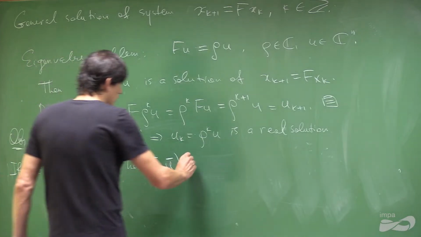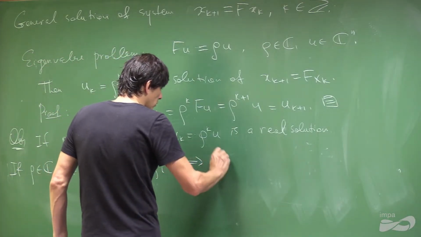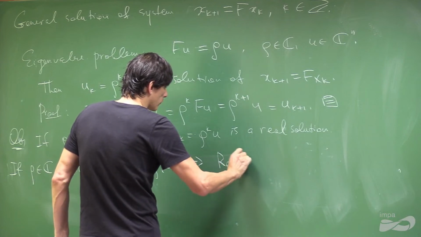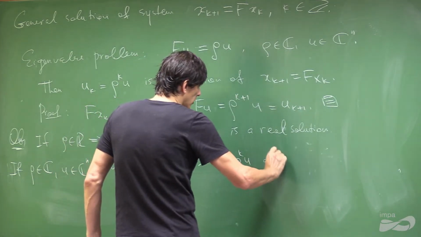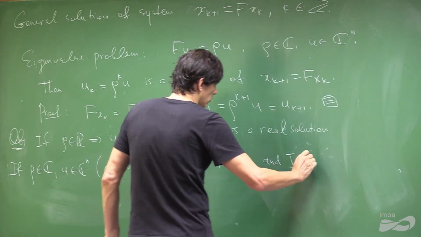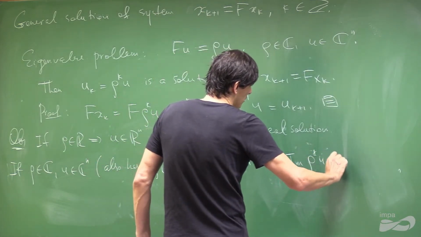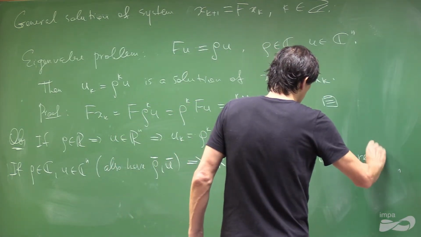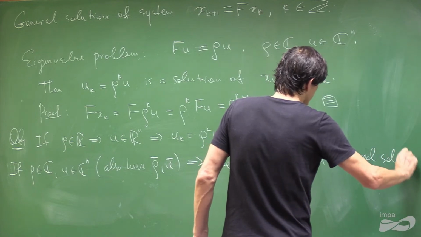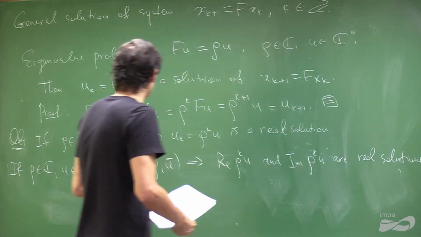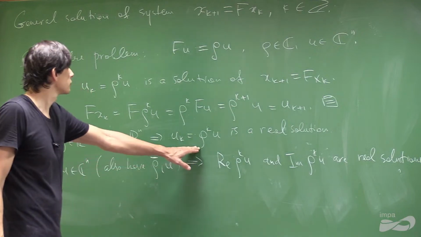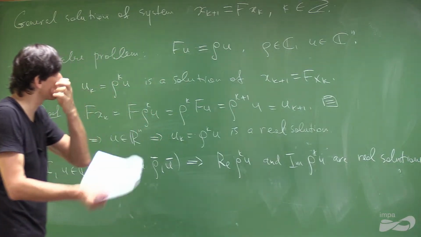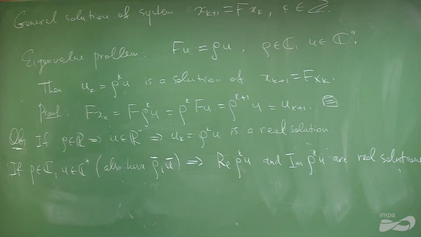Then the real part of rho^k u and the imaginary part of rho^k u are real solutions. You can see this because this is still a solution, a complex solution of our system, but the system is with real coefficients, so the real part gives a real solution and the imaginary part gives another real solution.